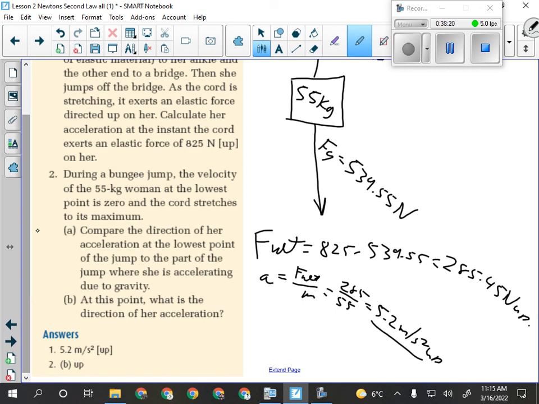Any elastic object is like that. So when she's at her lowest point, her acceleration is at its maximum. The mass isn't changing, but as the force changes, so does the acceleration. So where would she feel heaviest? At the very bottom, because that's where the cord would be pulling on her the most.